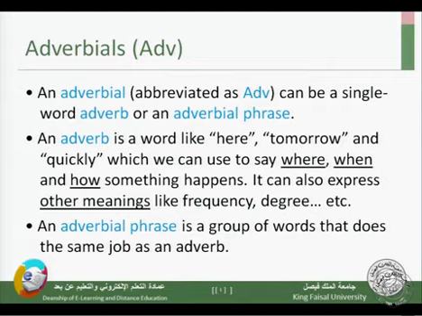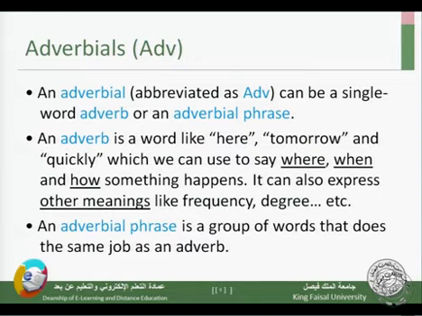So first of all, adverbs are words that give us an idea about where, when, how something happened, and other meanings as well. An adverbial phrase is a group of words. It is a group of words that does the same job as an adverb. So we said the adverb gives us an idea about where, when, and how.